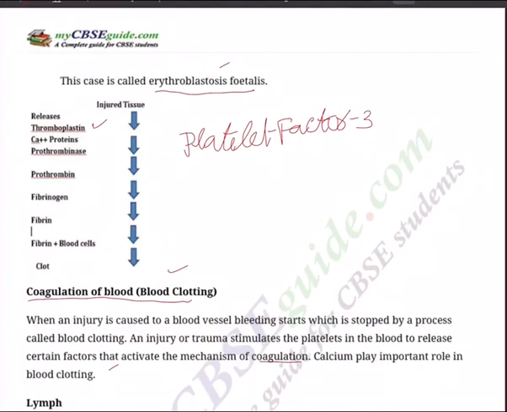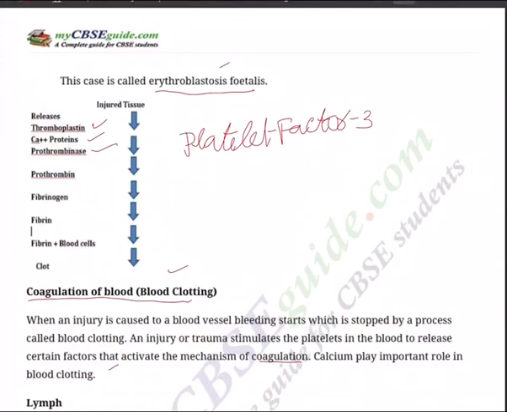Look at that, thromboplastin is released. These two factors, that is platelet thromboplastin and lipoprotein thromboplastin, combine with the calcium ions, Ca2 plus, and certain proteins of the blood plasma to form an enzyme called prothrombinase.